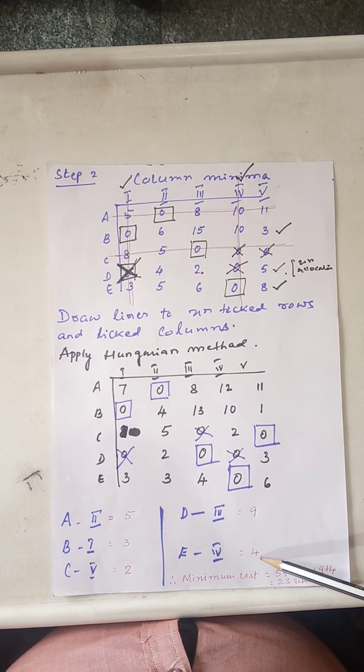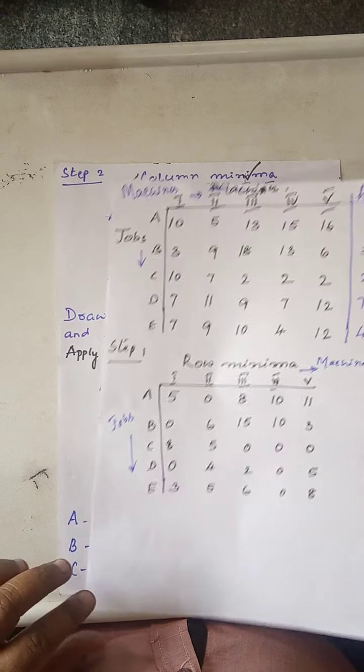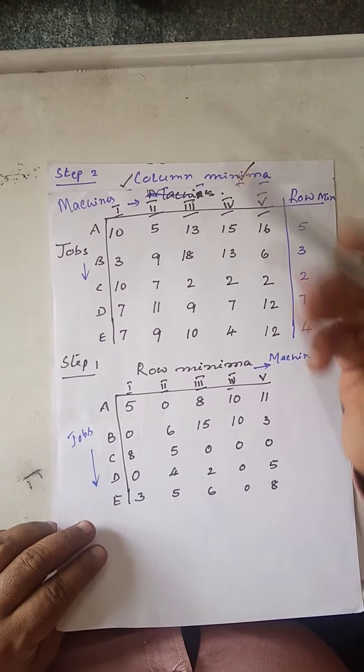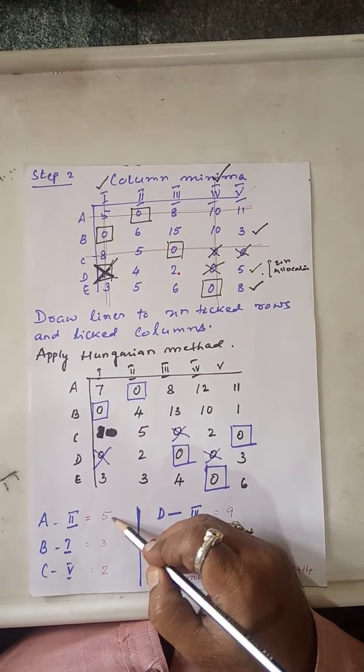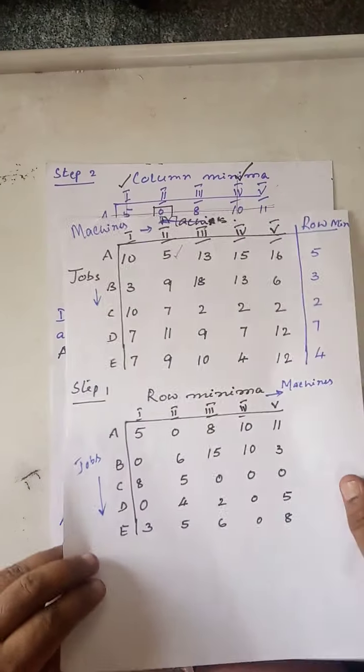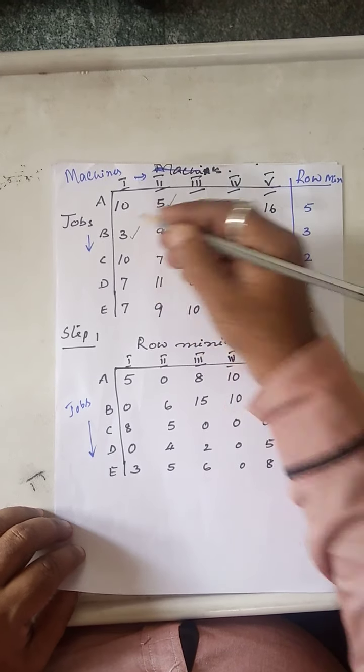And if you compare with the given problem, A with 2 is 5, it is marked here. B with 1 is 3, again it is marked.